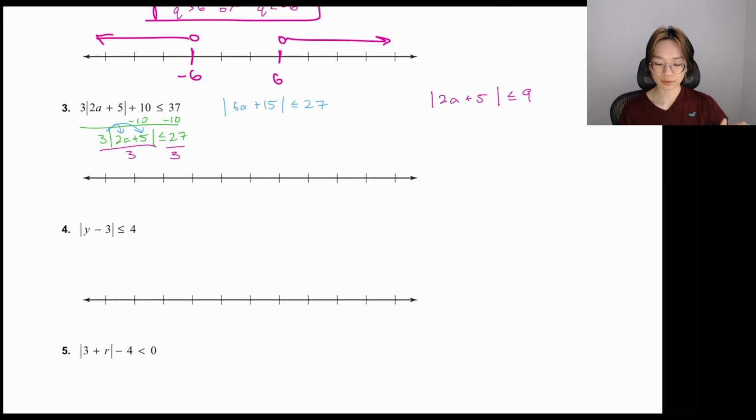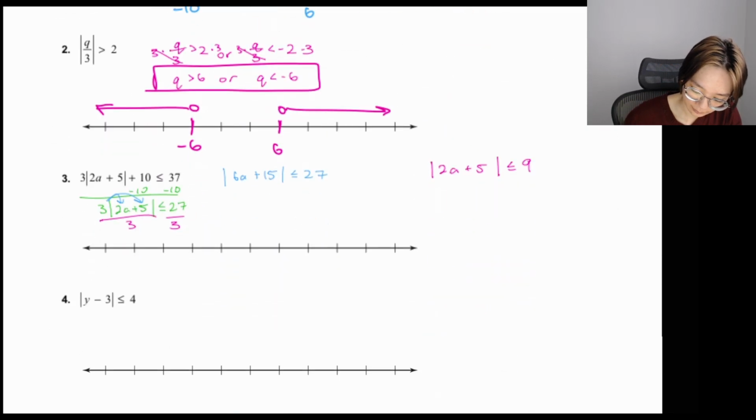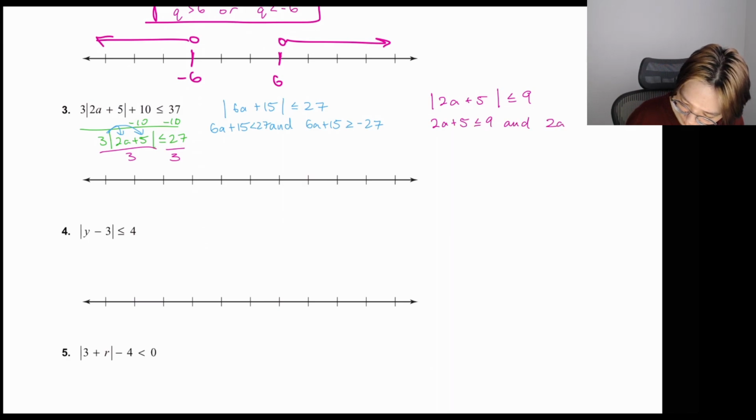And from here, the absolute value part is less than the other side, so we have "and." And then split into our compound inequality, graph and solve. Greater than or equal to -27. Over here we have 2a plus 5 less than or equal to 9, and 2a plus 5 greater than or equal to -9.